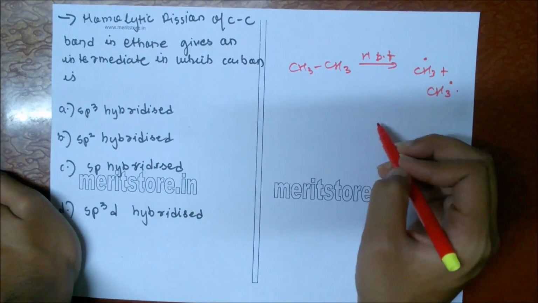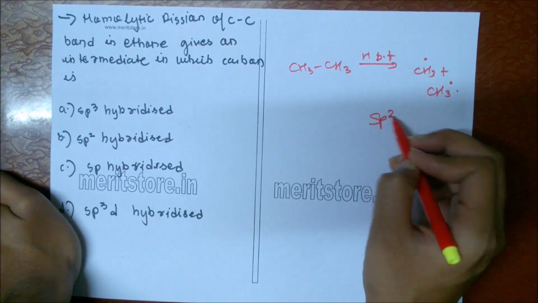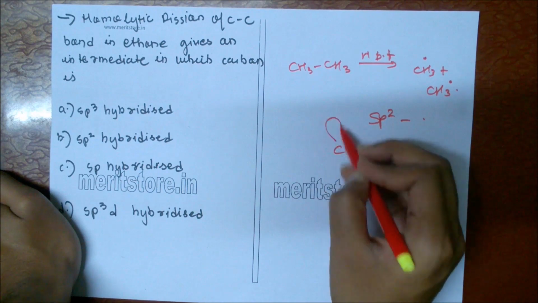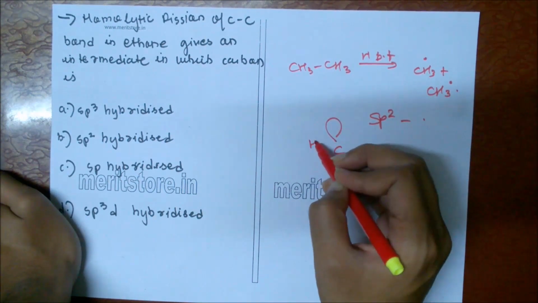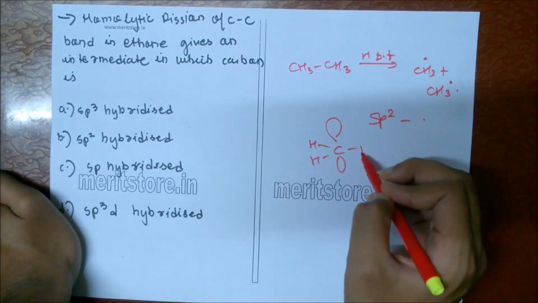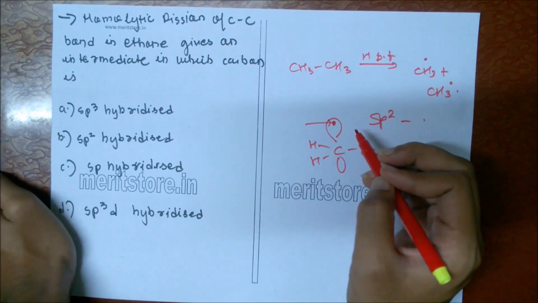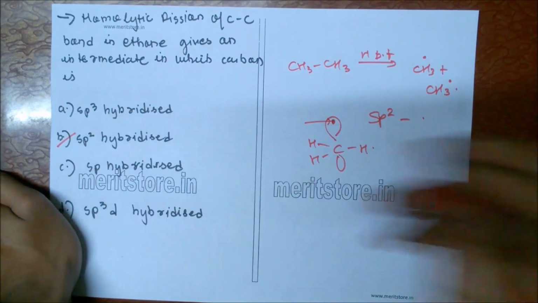The free radical formed is sp2 hybridized. So the structure will be carbon with 3 hydrogens attached and one odd electron present. So option B is the correct answer.